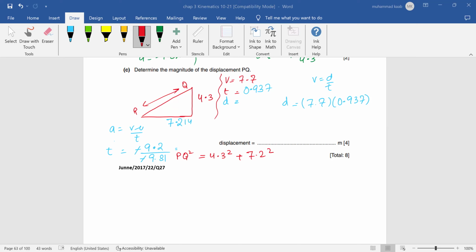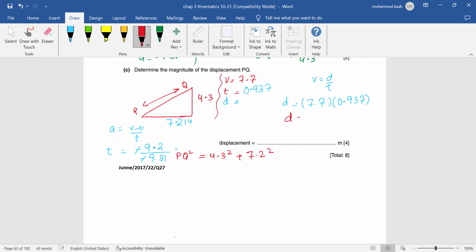You wrote d is equal to 7.7 into 0.937, but you're taking 7.2 squared. Shouldn't it be 7.7 squared? No, 7.7 into 0.937 gives you the horizontal distance.